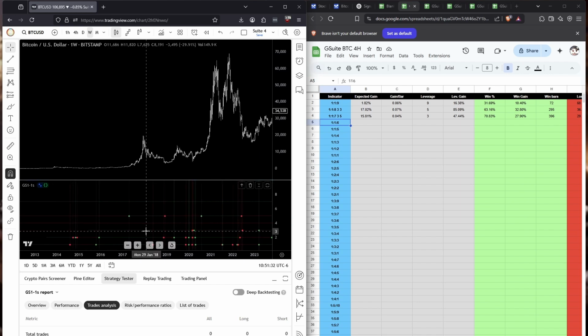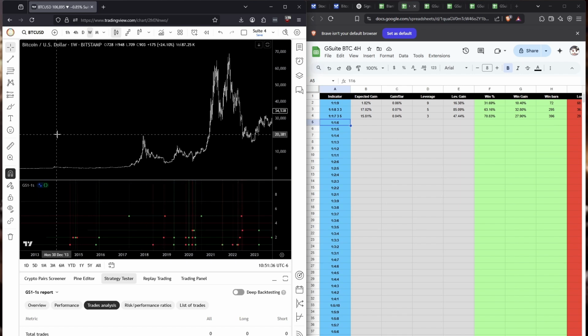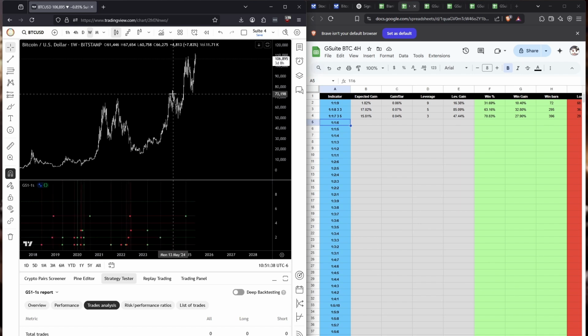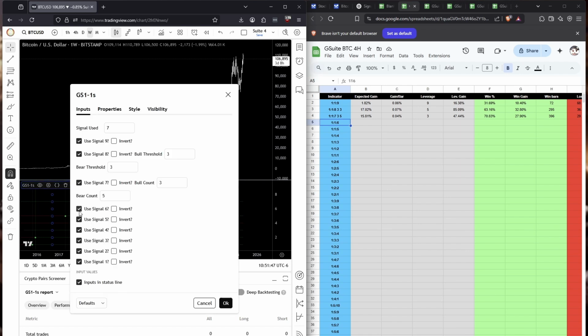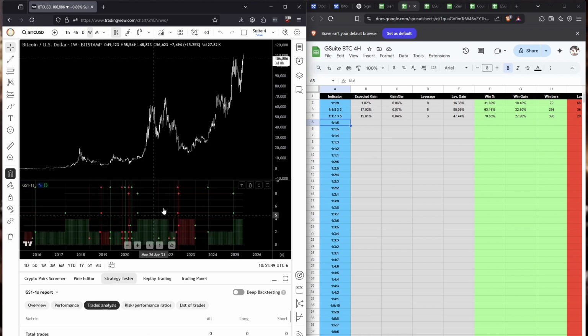Maybe it was started in 2018 and your signal goes back too far, and so that might break it. Maybe it uses like an 800 EMA, and just in the weekly, Bitcoin hasn't been around long enough, or for some other reason, sometimes the signals will break, in which case I just want to go and find the signal and I just turn it off. And then you see the aggregate.